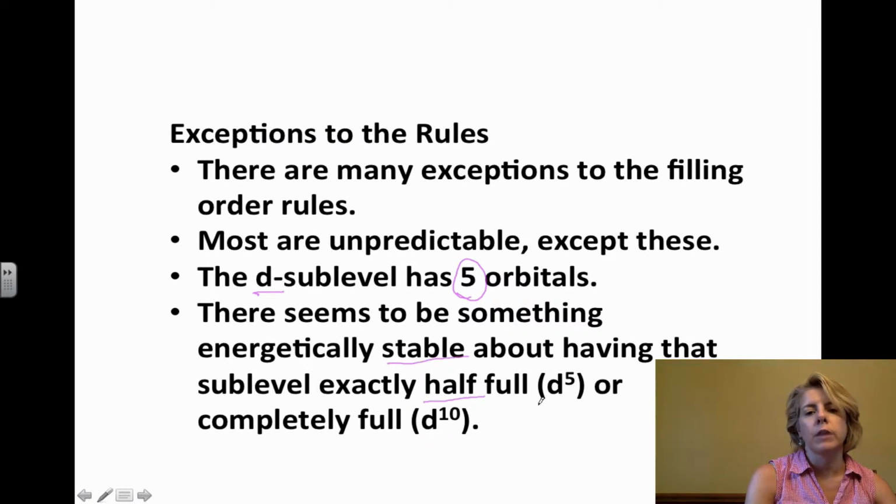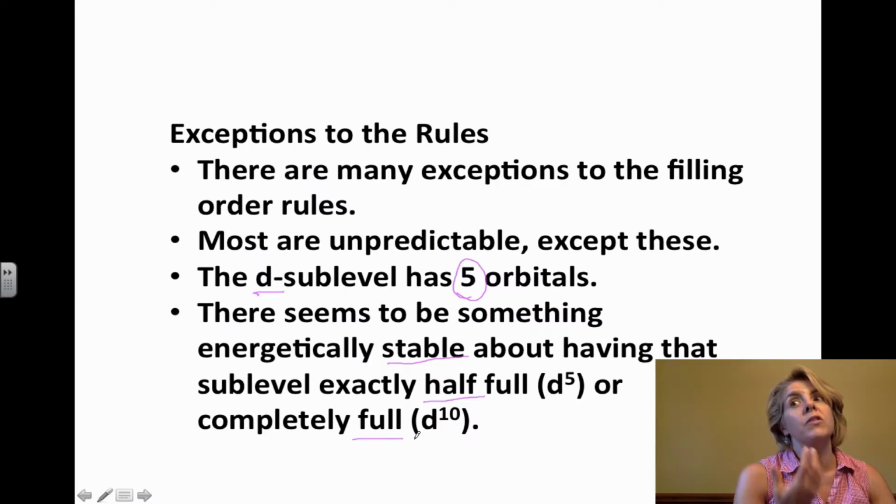So you're going to find the elements that are near the 5th d orbital are going to steal from the s orbital. And I will give you an example of that so you can be prepared. They also like to have full d electrons, so once again they will steal an electron from the s orbital to complete the d orbital.